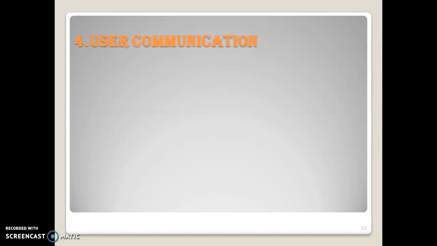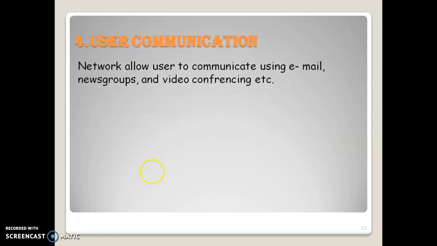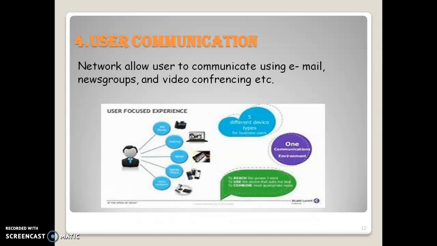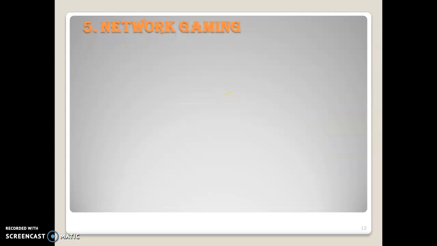Next is communication, which is also a main part of networking. We can send emails, send video, do video conferencing, and form a news group to spread and broadcast the news. So user communication is also possible using a computer network.